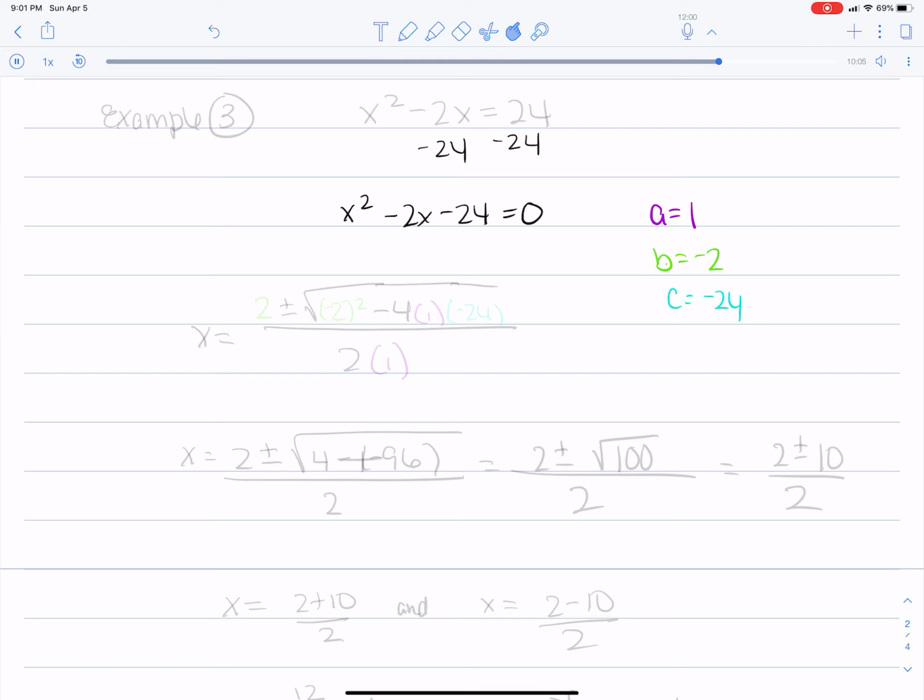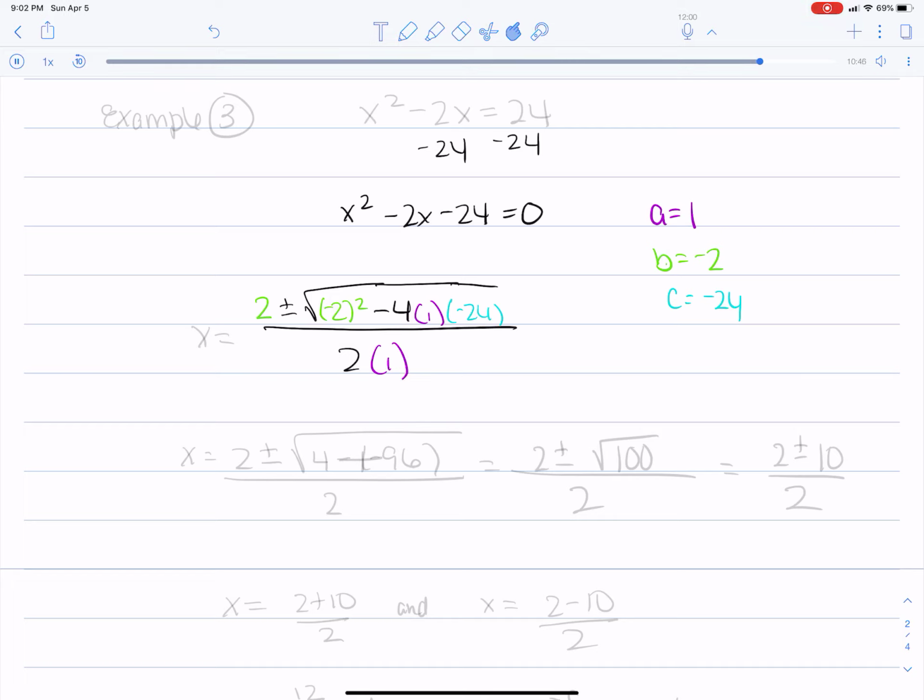So now put this into the quadratic formula. So the opposite of b, well, my b is -2, the opposite of b is +2. So we have +2 plus or minus the square root of my b squared, so -2 squared, minus 4 times my a, which is 1, c, -24, all over 2 times a.